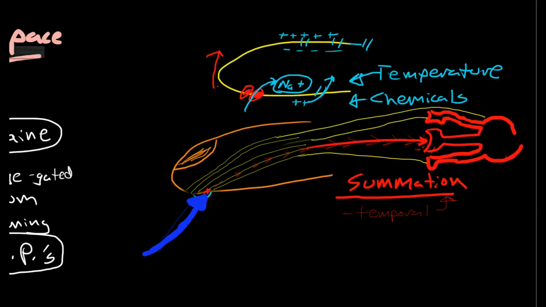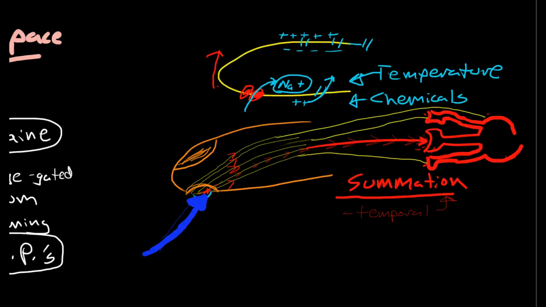And when you poke it deep, it's going to cause your whole finger to be indented, and it's going to open up these mechanical sodium channels in all of these nerves. And even though it was only a moment in time and each one of these nerves only sent out one single impulse, when you add them all together, you got one impulse here, a little acetylcholine, one impulse here, a little acetylcholine, one impulse here, a little acetylcholine.